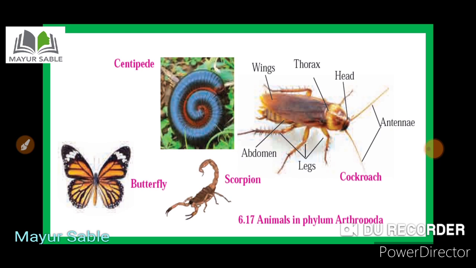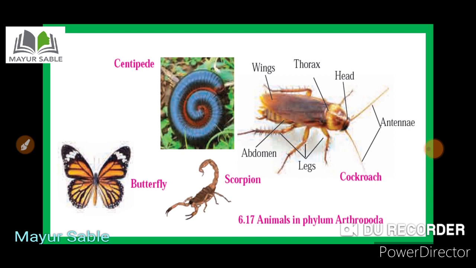Those animals are found in all types of habitats, ranging from the deepest oceans to the highest mountains also. The body of those animals is triploblastic, eucoelomate, bilaterally symmetrical and segmented. They possess an exoskeleton made up of chitin, and it is present around the body.